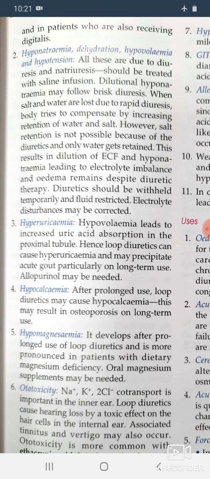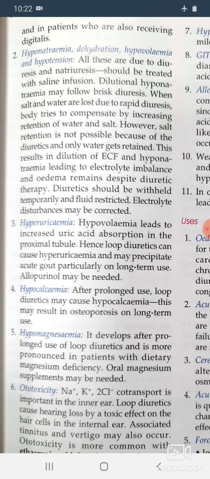If it is reduced by a major amount, then it produces hyponatremia. And whenever sodium leaves the body, it also excretes more water along with the sodium. So there is a reduced volume of water in the body, and that causes dehydration.